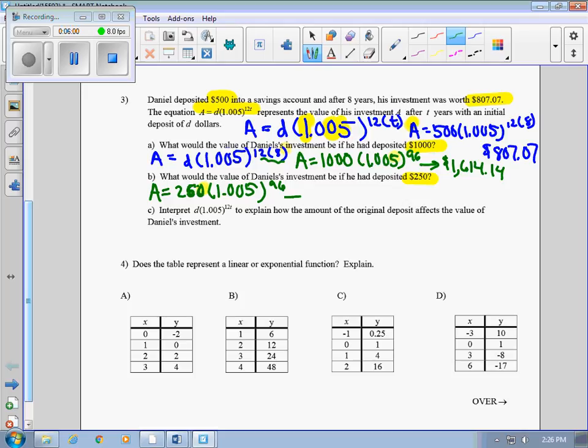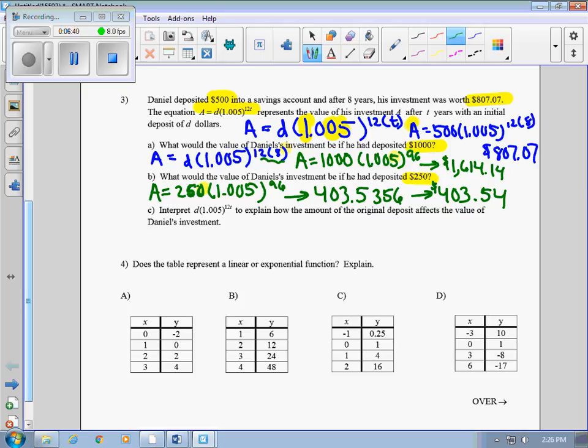Put that in your calculator: 250 times 1.005 caret 96, and your calculator will read 403.5356. We'll round that, so it will be $403.54.